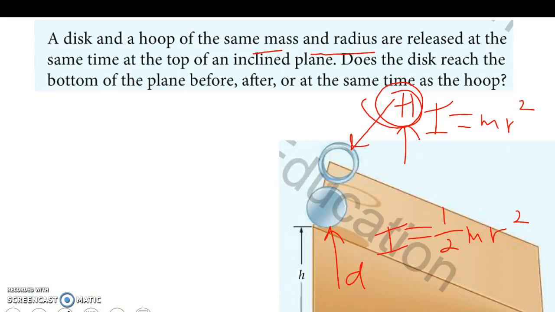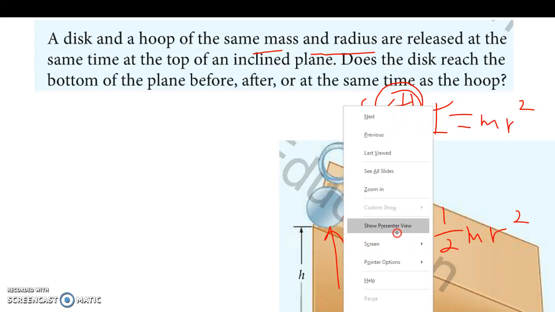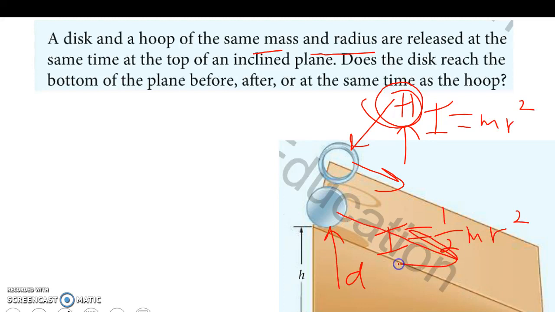So if the hoop has a higher moment of inertia, it's harder to get moving, which means the disc will get moved not only faster, but it will hit the ground first. So does the disc reach the bottom plane before or after? Obviously the disc, I'm sorry, gets there first because the hoop has a larger moment of inertia.